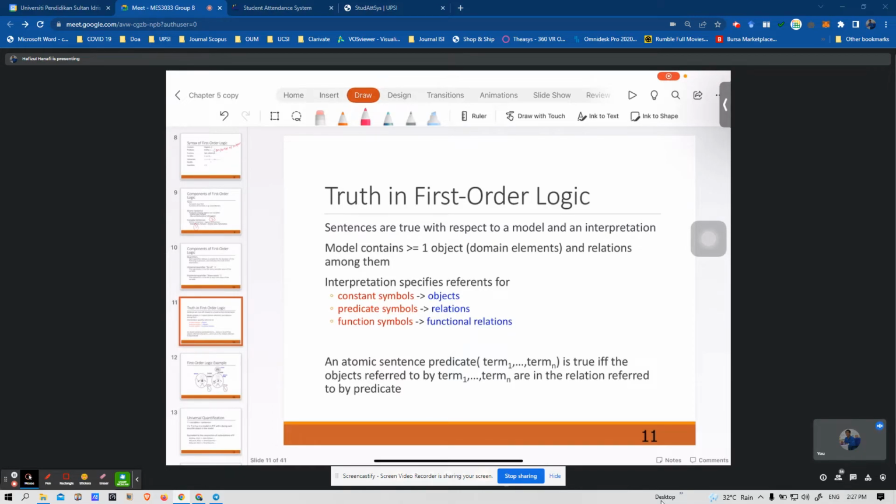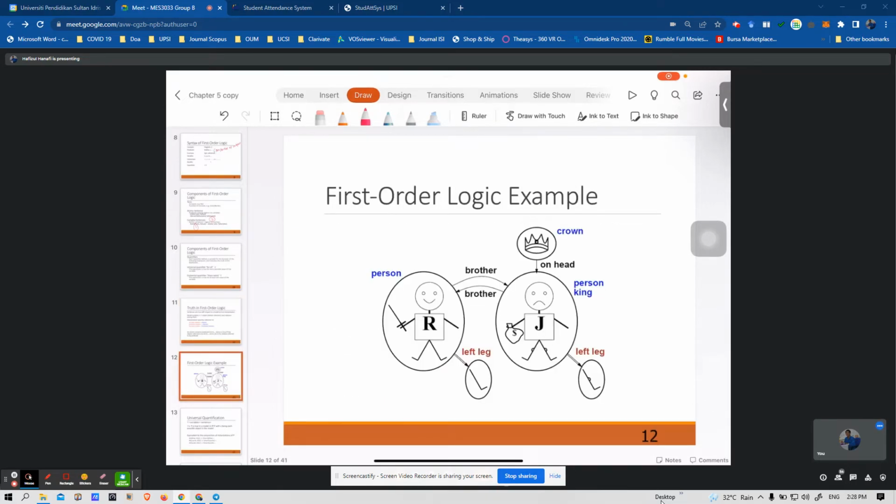Okay, we have an atomic sentence, predicate, term 1, term 2, term 3, until term n, which is true if and only if the objects referred to by term 1, term 2 are in the relation referred to by the predicate. For example here, we have a person, this one person king, denoted by crown on head, is a brother.